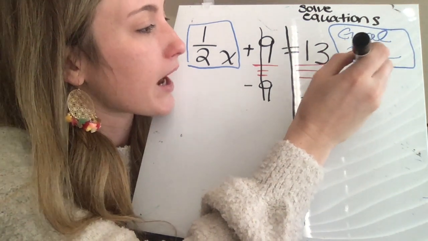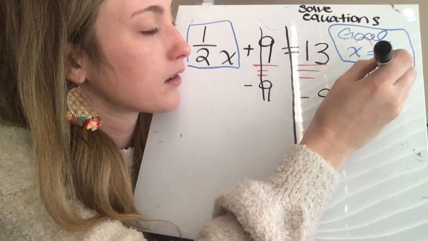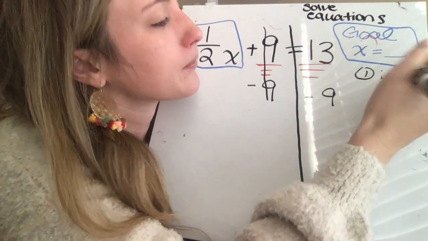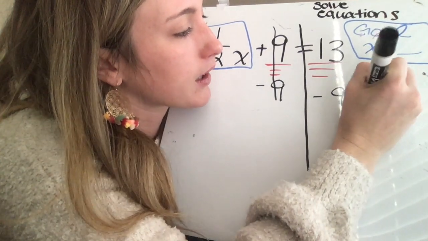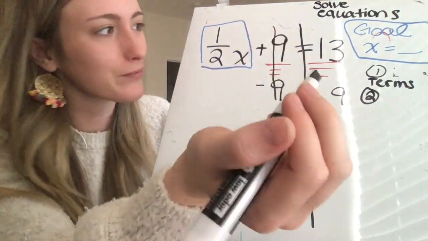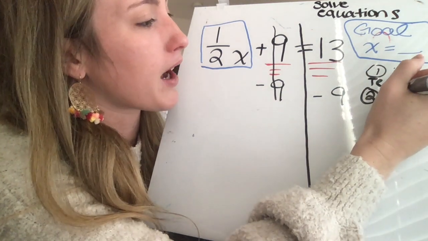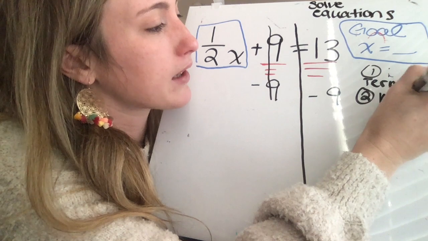So first, I identified my terms. Second, I wanted to put my x on one side, right? So I had to keep my x on one side.